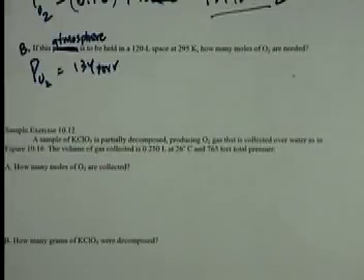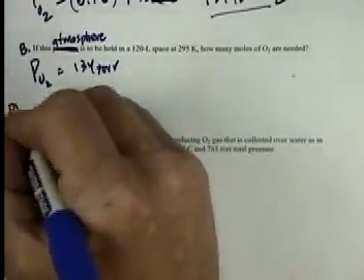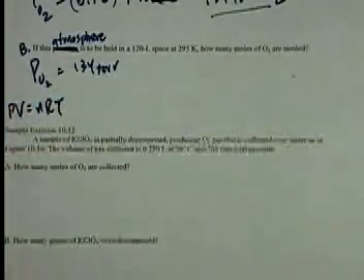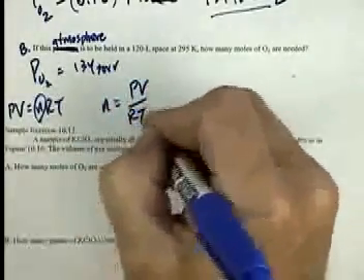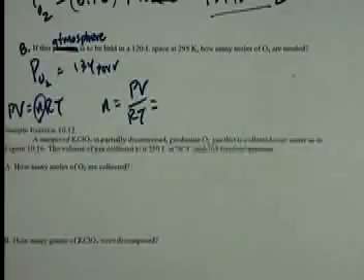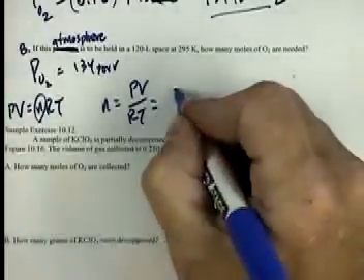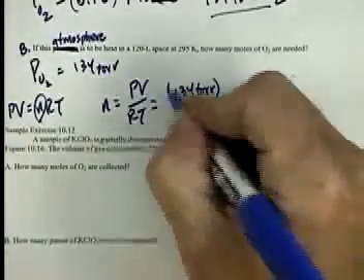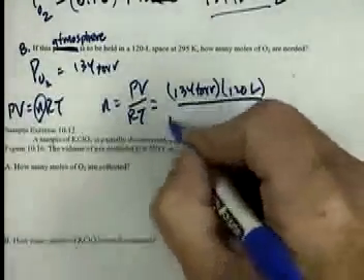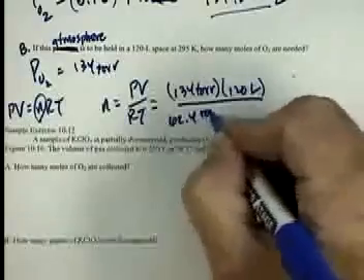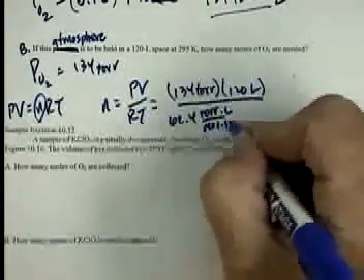What we need to know is how many moles of this oxygen I'm going to need to fill this. Well, if I use PV equals nRT, I can solve this in terms of moles of oxygen. n is equal to PV divided by RT, and the pressure here is the partial pressure of the oxygen, 134 torr. The volume is 120 liters. R has to be in terms of torr again, 62.4 torr times liters per mole times Kelvin.